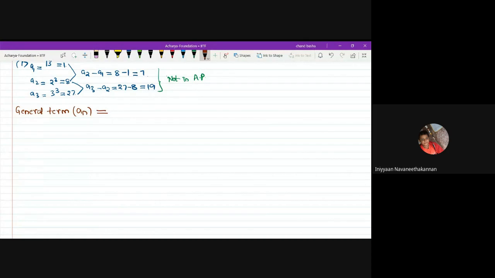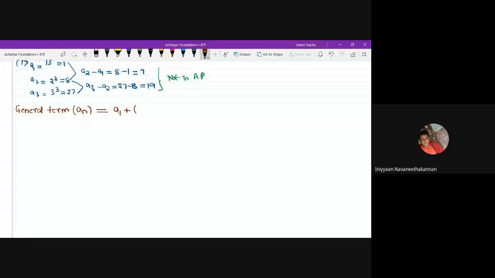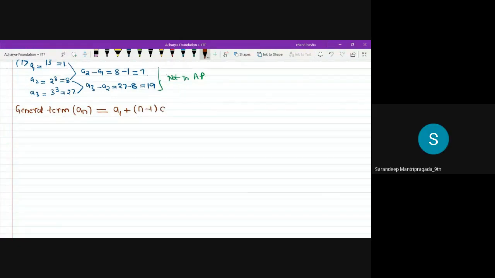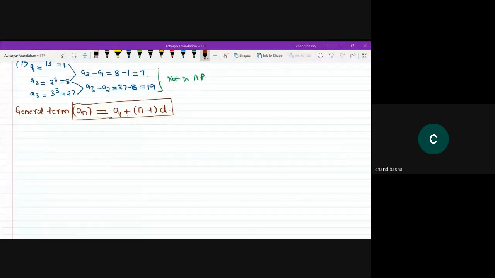AN is A1 plus N minus 1 into D. Very good. A1 plus N minus 1 into D. This is the first and foremost thing that you have to remember: in arithmetic progression, what is the general term?